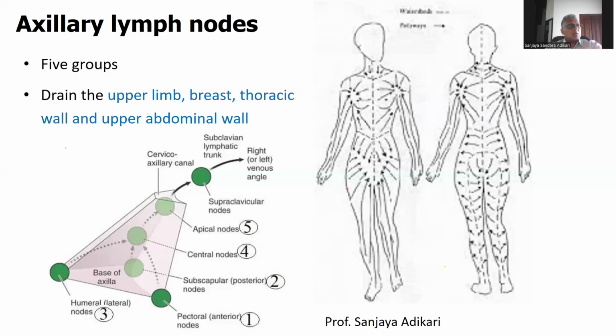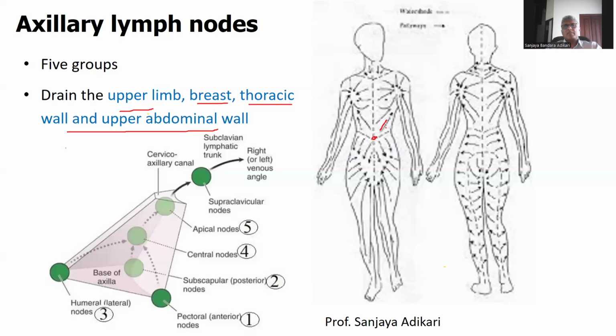Then a few things about axillary lymph nodes. Axillary lymph nodes drain the upper limb, breast and the thoracic wall and the upper part of the abdomen and the back. You can see here above the waist, this is above the umbilicus.